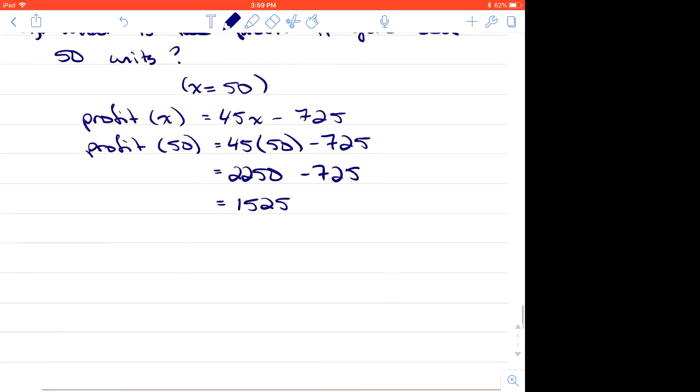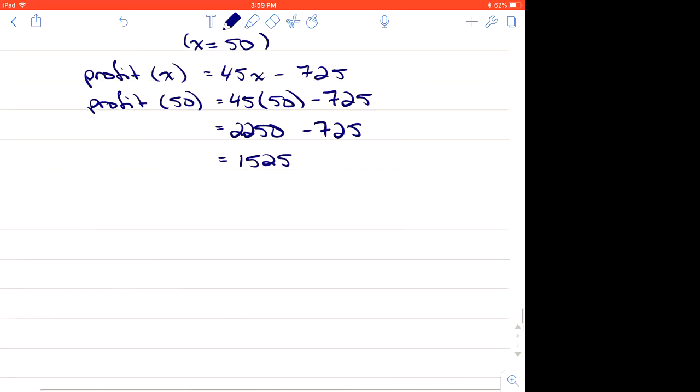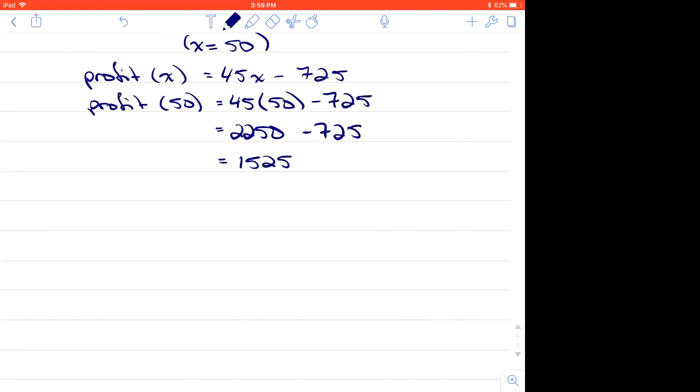What if we wanted to know how many units you have to sell to make zero profit? Because there's costs associated, so we have to sell some amount to even reach zero profit, before we're losing money. So that could be another type of question here.